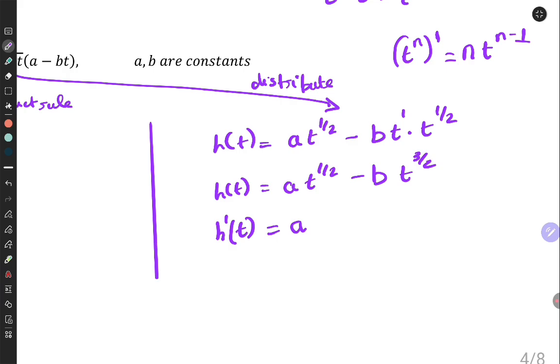Go ahead, the whole root. T to 1/2. 1/2 T to the power negative 1/2. There. B. Keep going, same pattern. 3/2 T to the 3/2 minus 1.